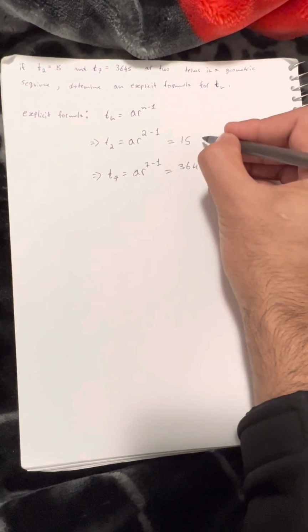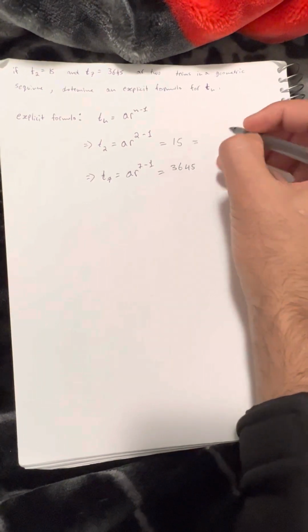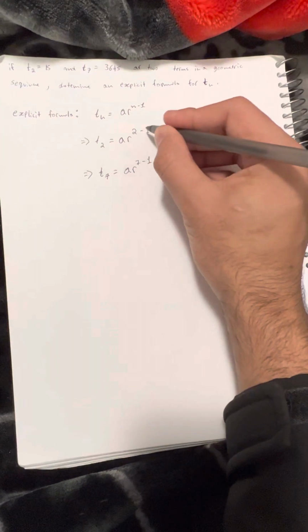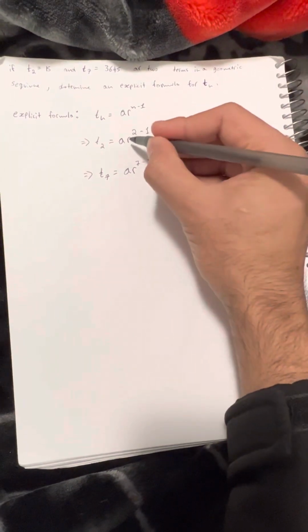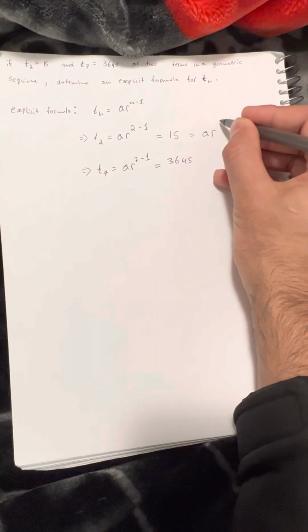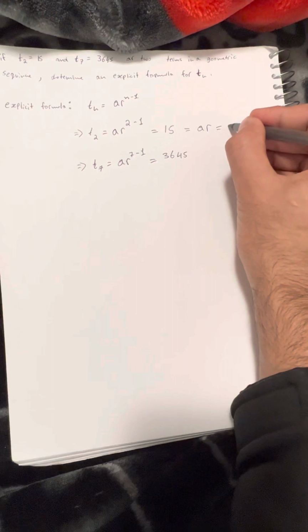Okay, so what you really want to do now is simplify all of this, right? 2 minus 1 is 1, so that's basically AR to the power of 1, which we don't have to write, equals 15.